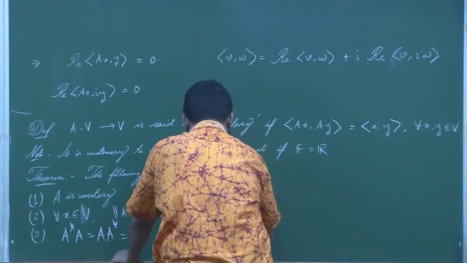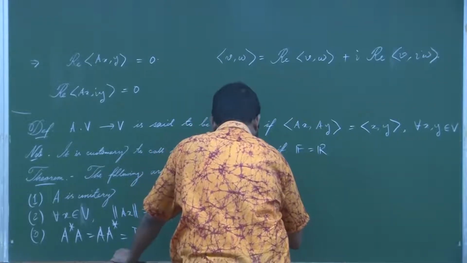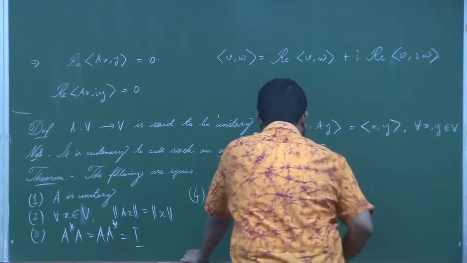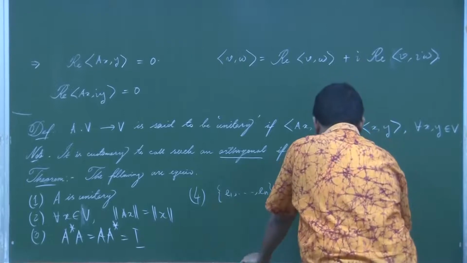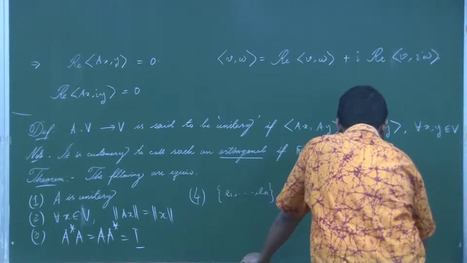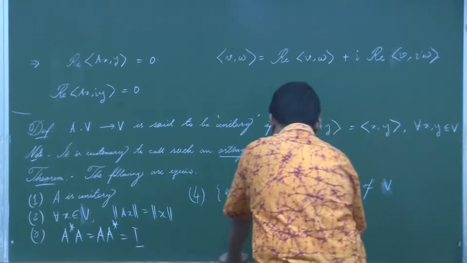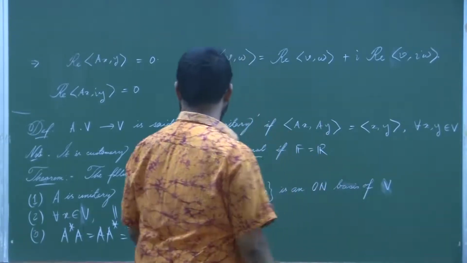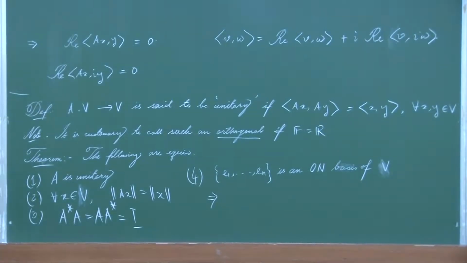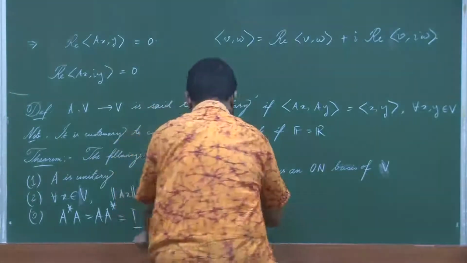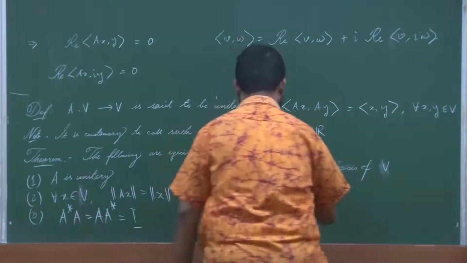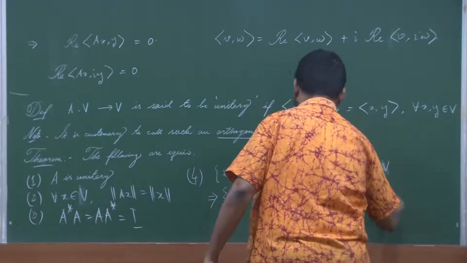If e1, e2, ..., en is an orthonormal basis of V, then the fourth property says, similar to that of an orthogonal map, the image of any orthonormal basis is an orthonormal basis of V. Okay.